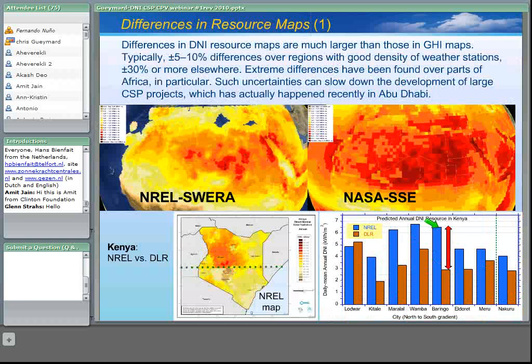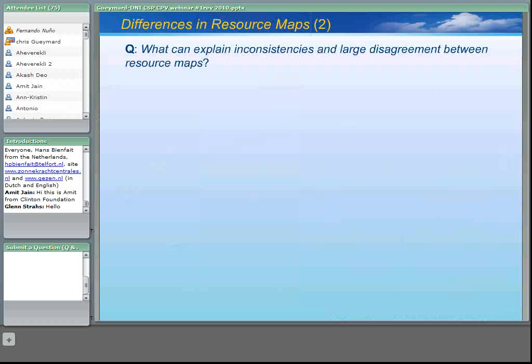And in this case here for Baringo, there's a 2x difference in those two data sets. So this is a difficulty in some countries.